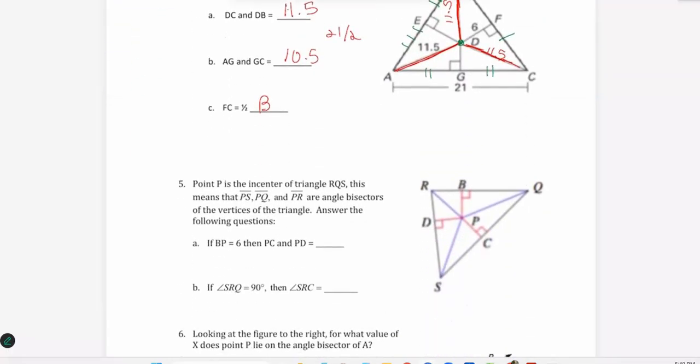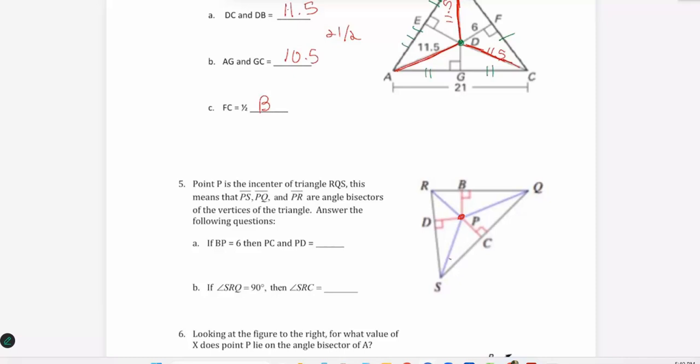Okay, so now it says point P is the incenter of triangle RQS. So that means that we have angle bisectors.